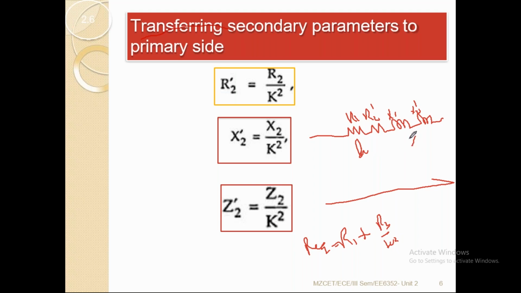At the same time you will get Xeq. When you add these two values, then you will get the Z value. So here Zeq is equal to Z1 plus Z2 by K square. So these are the parameters when secondary parameters are transferred to the primary side. So you have to remember these three equations. Okay, so these are the equations when transferring the secondary parameters to the primary.